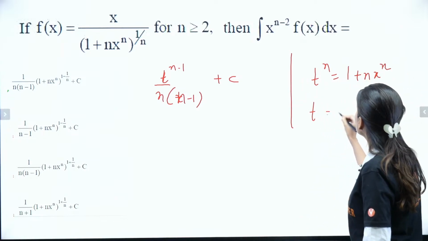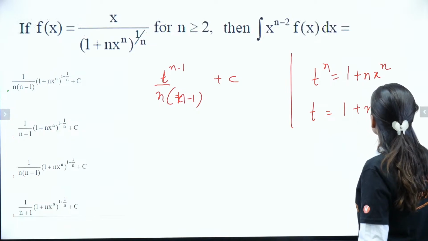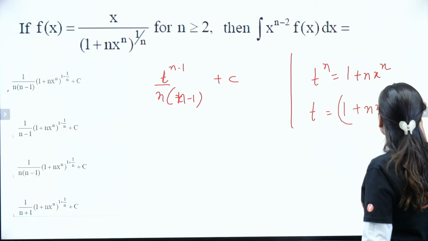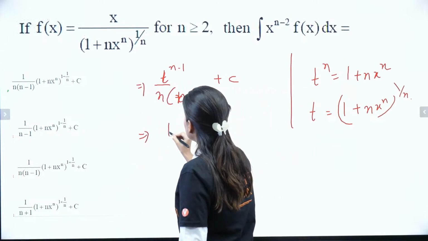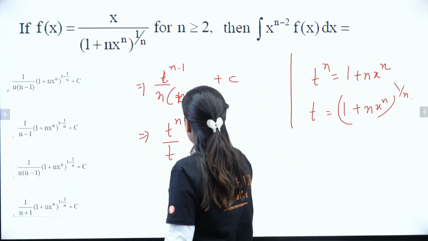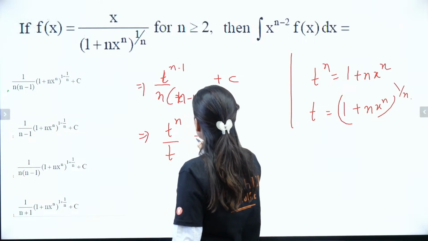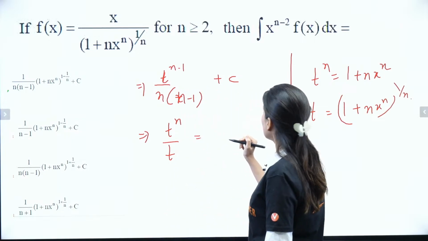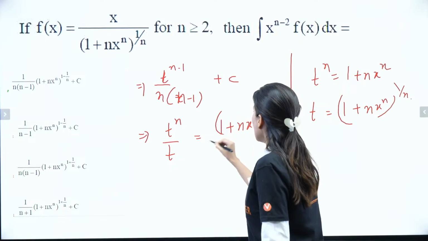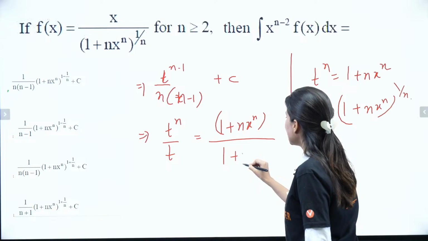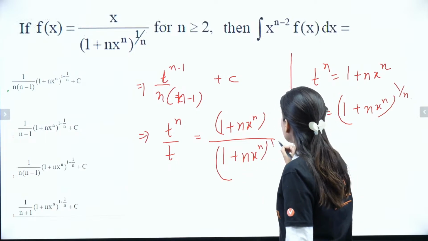So the value of t is what? 1 plus n x raised to power n, raised to power 1 by n. So this is t raised to power n minus 1, so t raised to power n upon t, and n minus 1 is already there. So t raised to power n upon t is 1 plus n x raised to power n, upon t, which is 1 plus n x raised to power n to the power 1 by n.